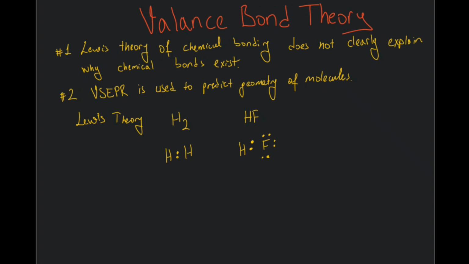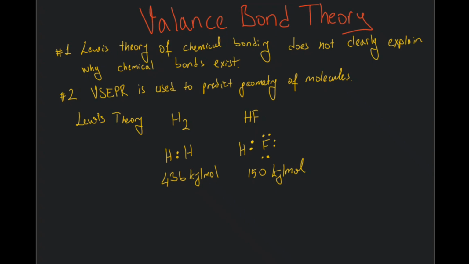For instance, for hydrogen it is 436 kilojoules per mole, and for hydrogen fluoride it is 150 kilojoules per mole. So they are very different from each other. The issue is that Lewis theory does not explain the bond formation chemically.